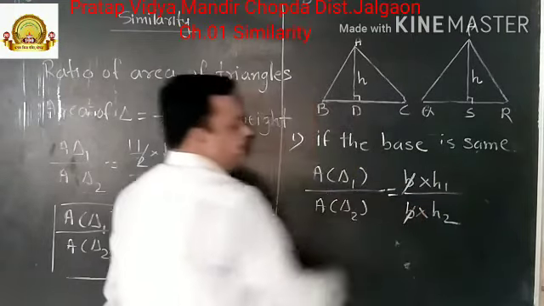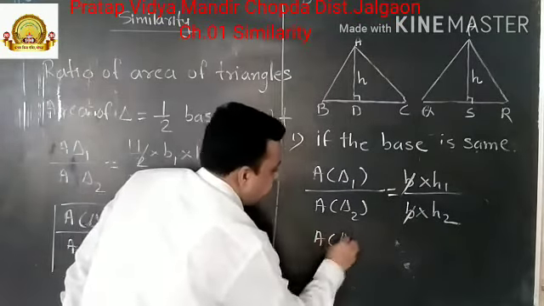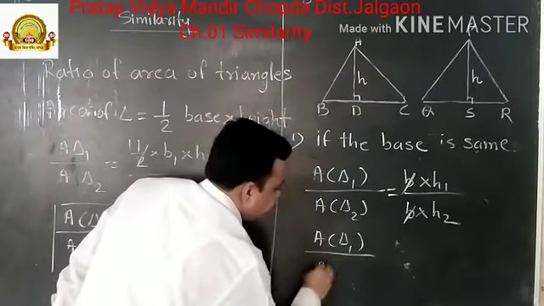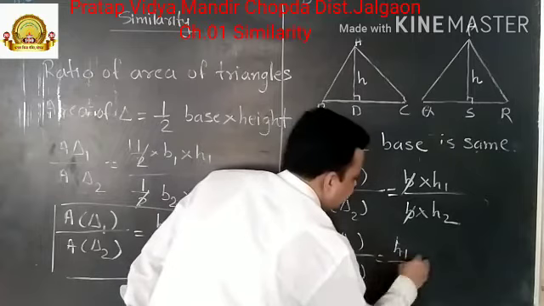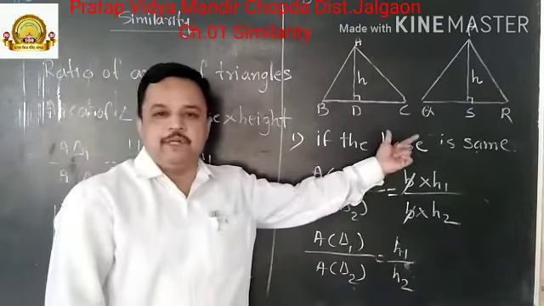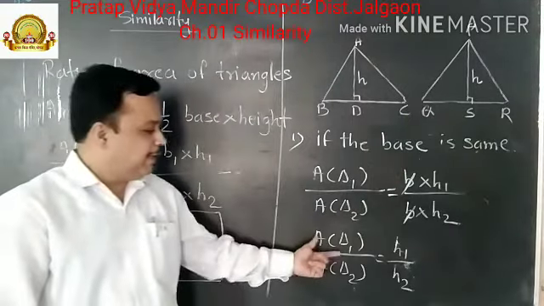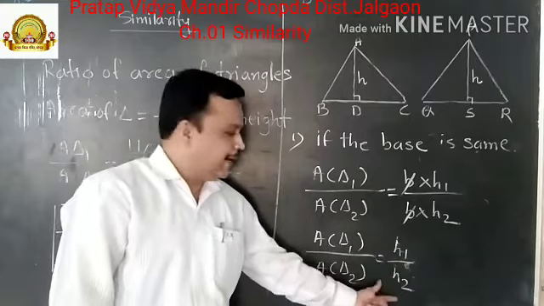In this case, the base is same, so we get the ratio. If the base is same or equal, then the ratio of the areas of two triangles is equal to the ratio of their corresponding heights.